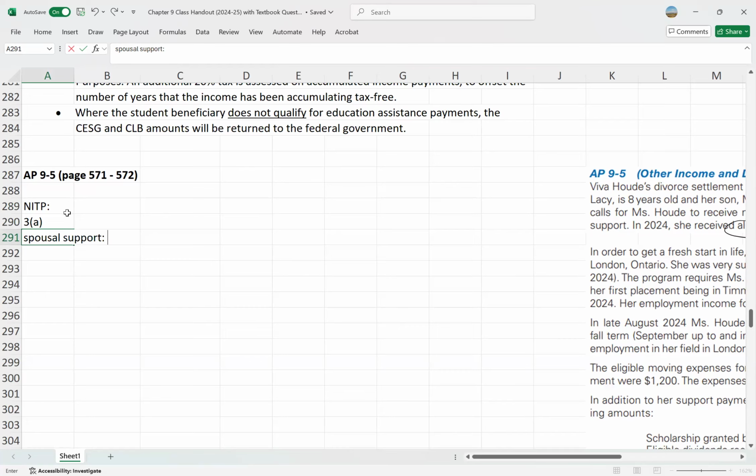That is $1,500 a month times 12 months, so she's going to have to include 18,000 for spousal support. The amounts we are not including is child support. Child support is not taxable if you receive it. So that's the first amount.